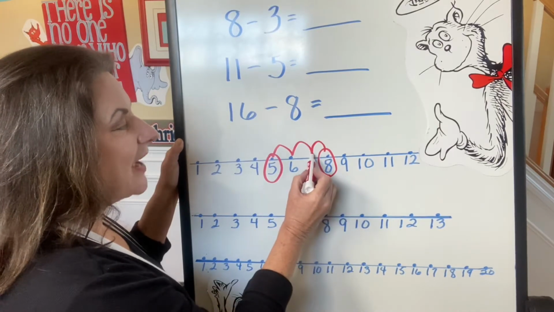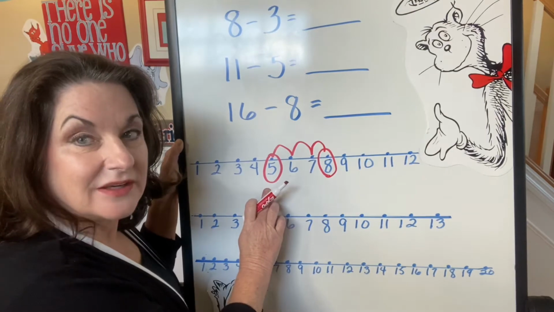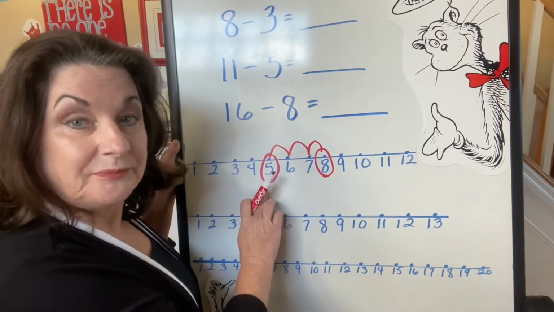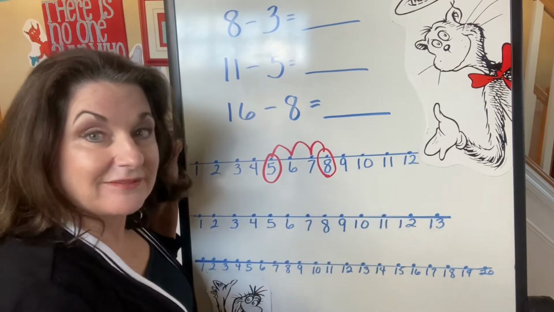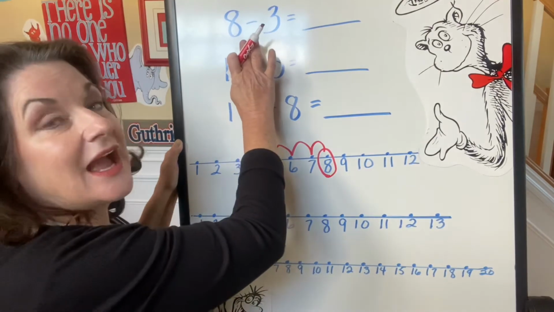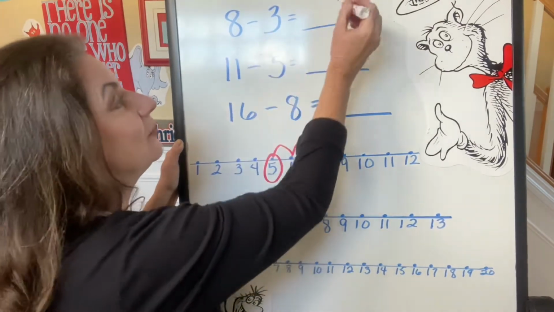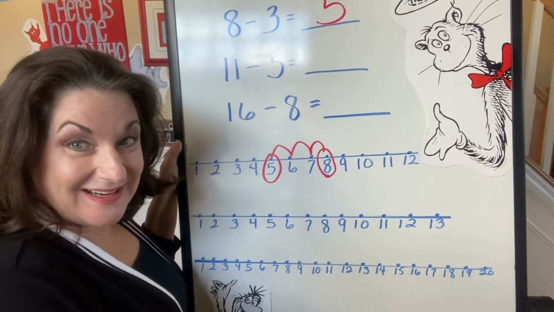I hopped back 3 places, and I ended at 5. And I know that to be true. If I had 8 M&Ms and I ate 3 of them, I would have 5 left. So this equation should read 8 minus 3 equals 5. Did you get it?